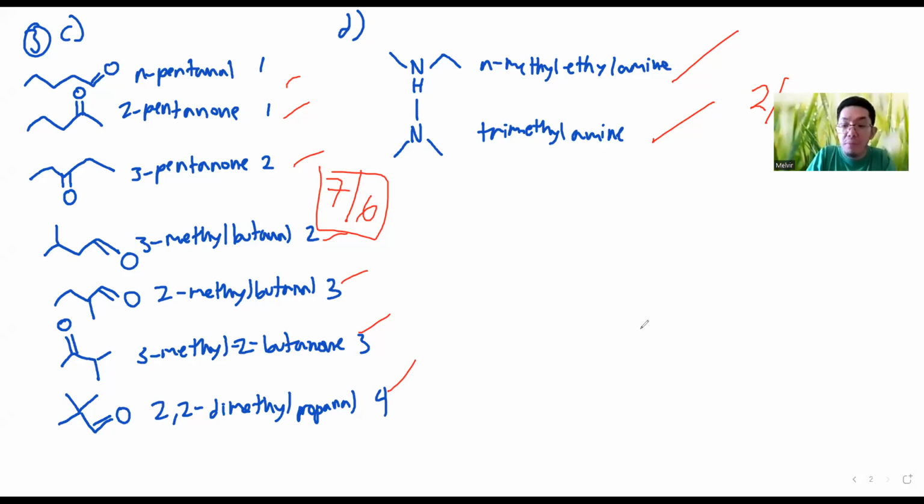Sa number 5, just write down your answer and then provide a very brief explanation why you will choose that compound to have a higher boiling point compared dun sa other compound. So, we're now for number 4. Number 4 ay IMFA. Then number 5, boiling point.